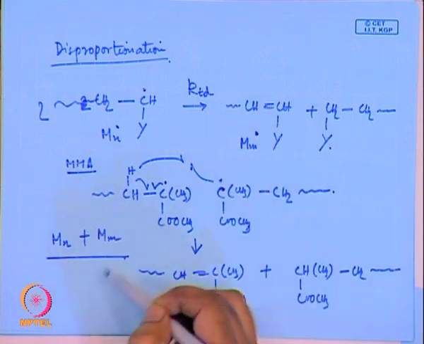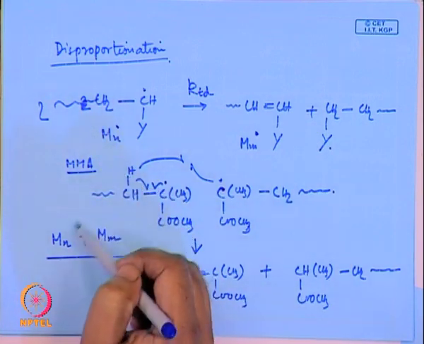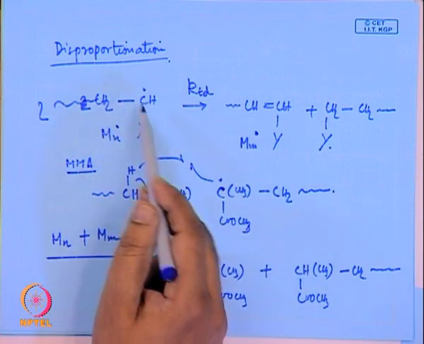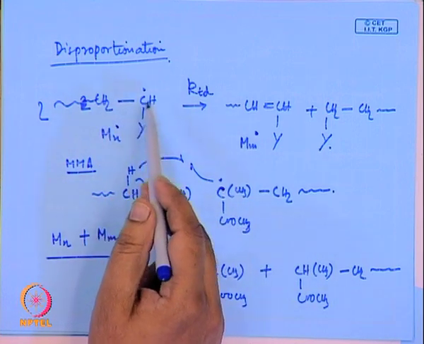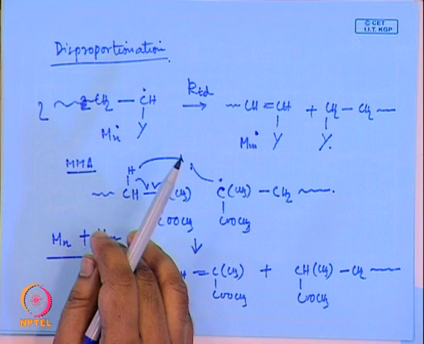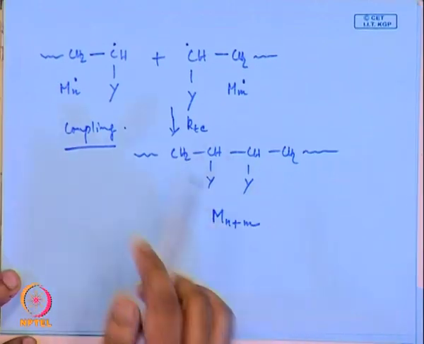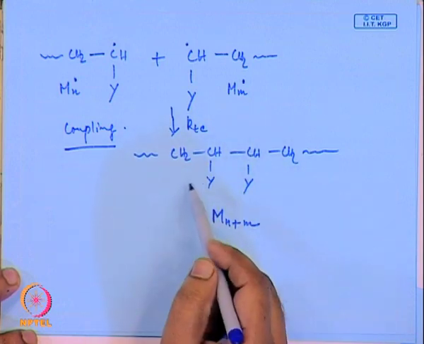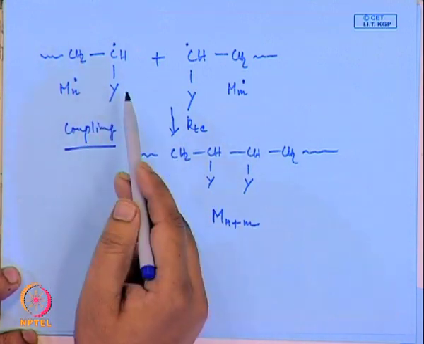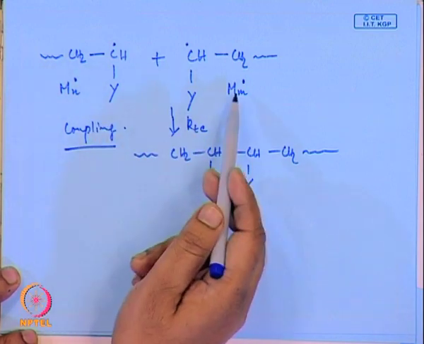So, in this case the dead polymers have the same size as the reacting polymer, whereas in the earlier case the length of the final terminated chain is the summation of the sizes of the two reacting species.